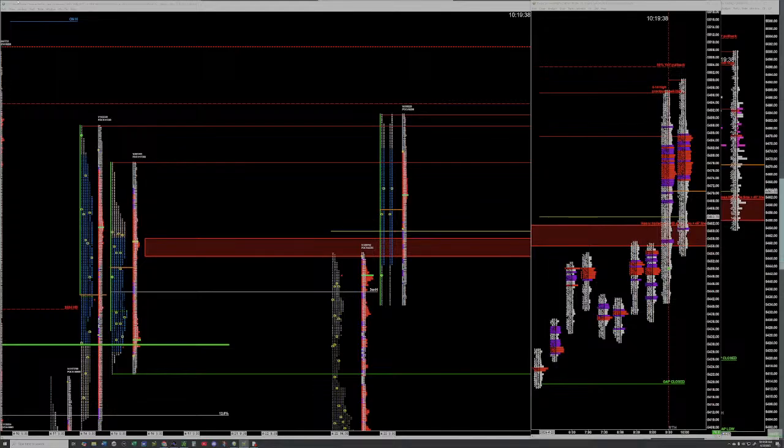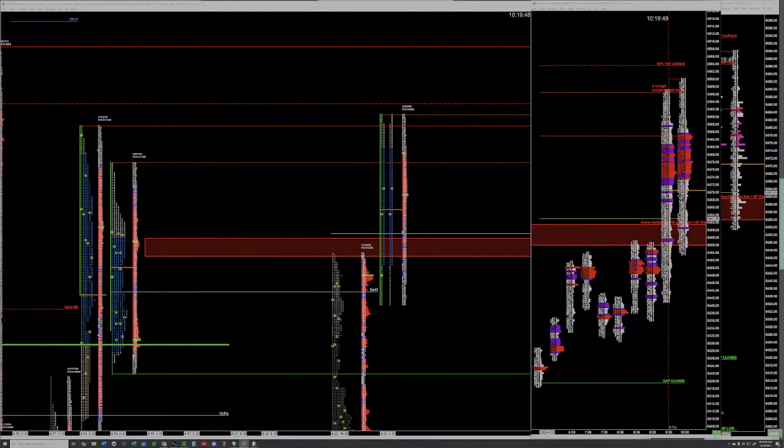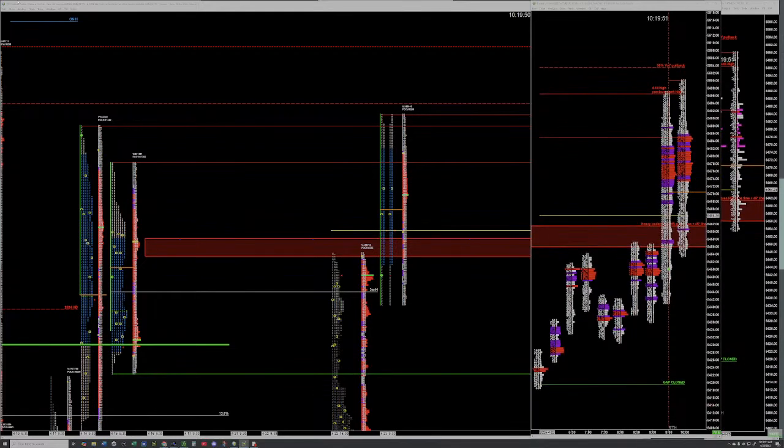It's working, it's very high. Remember those single prints that we have seen there? Good chance to take a long there. Traders are buying dips now.